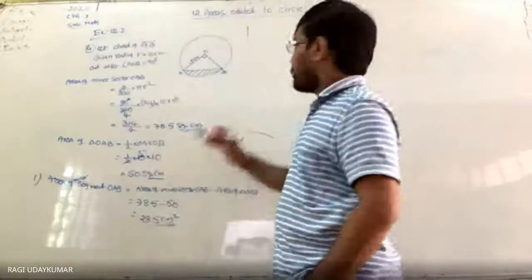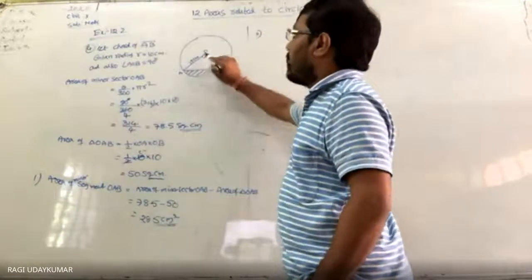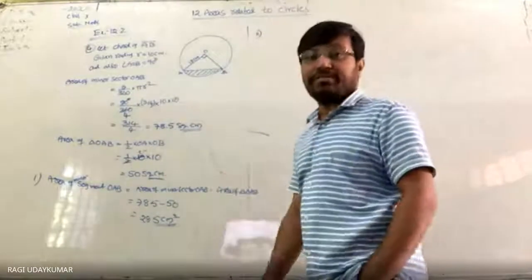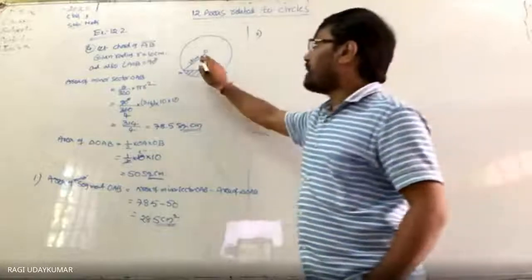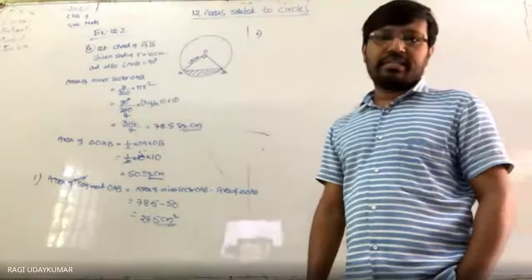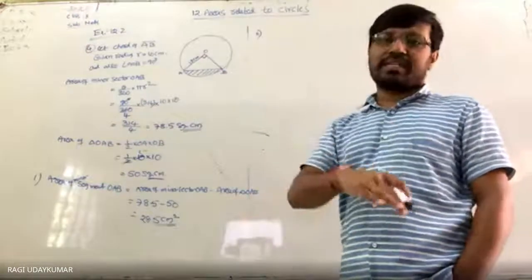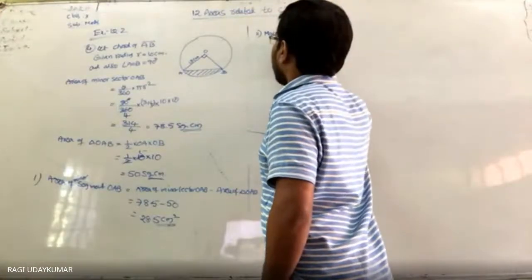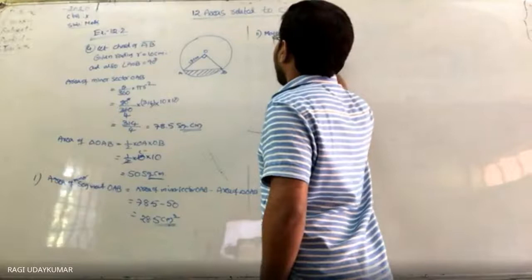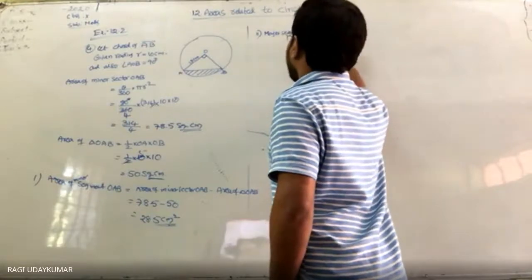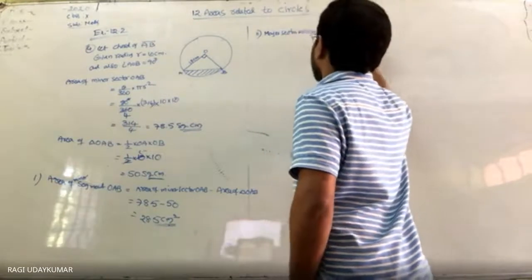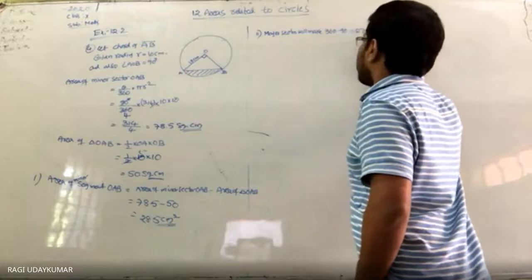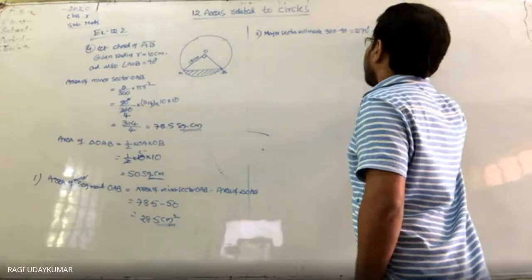Now, first question is this one, area of the segment. In the second question it is the major sector. Major sector will make an angle of 270 degrees. The minor one is making 90 degrees. The remaining is 360 minus 90. So major sector will make 360 minus 90, which is equal to 270 degrees at the center.